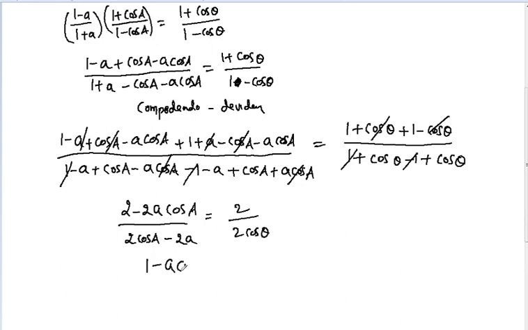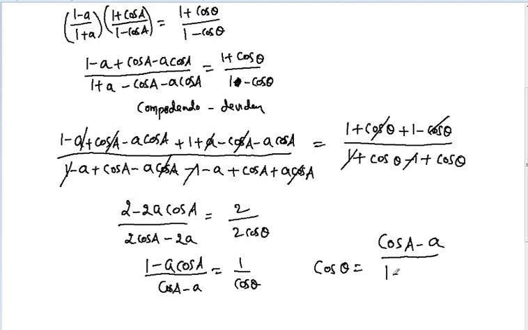That is, 1 minus a cos a by cos a minus a is equal to 1 by cos theta. From this, cos theta is equal to cos a minus small a by 1 minus small a into cos a. This is the value of cos theta.